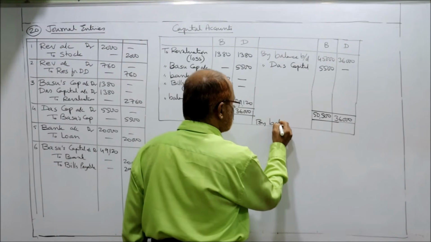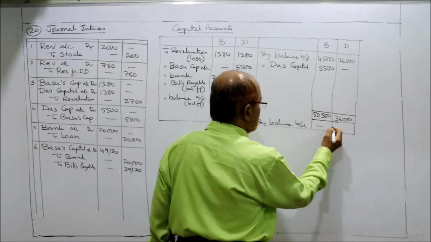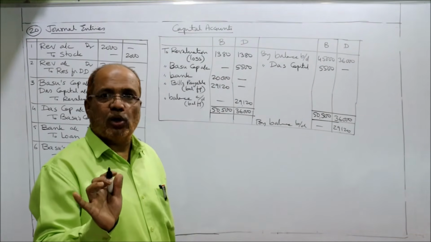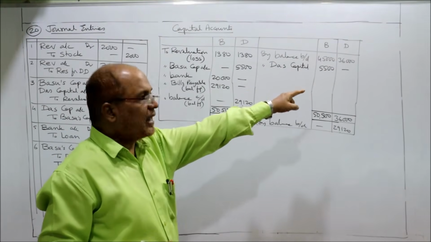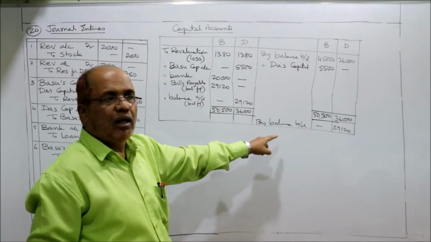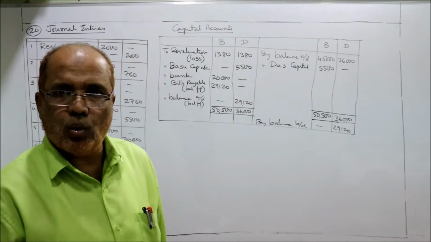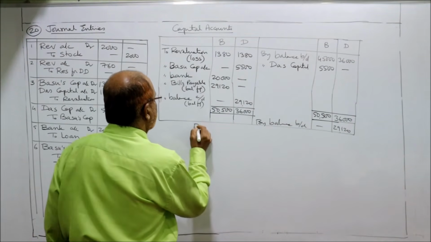By balance brought down 29,120. अब रिमेनिंग पर्सन जो है, सोल ट्रेडर जो है वो दास है. अब बैलेंस शीट में खाली दास का कैपिटल आएगा तो कितना आएगा? 29,120. कैपिटल अकाउंट्स ओवर. Now we will make the balance sheet.